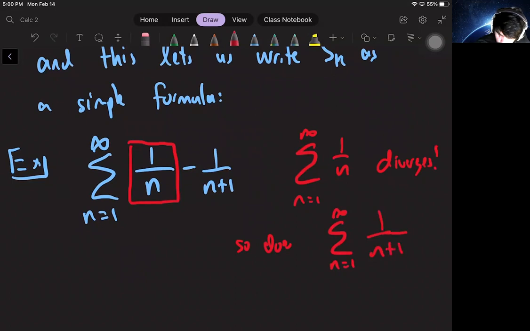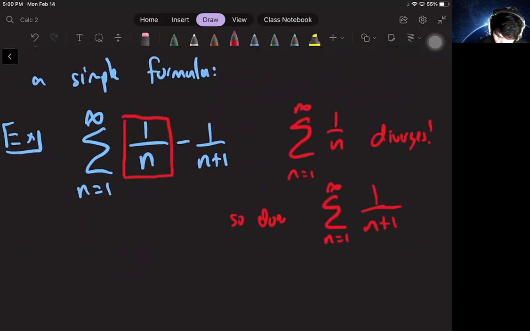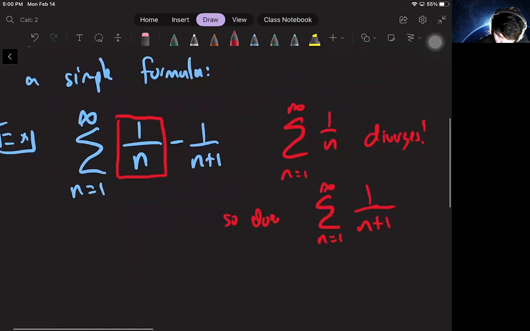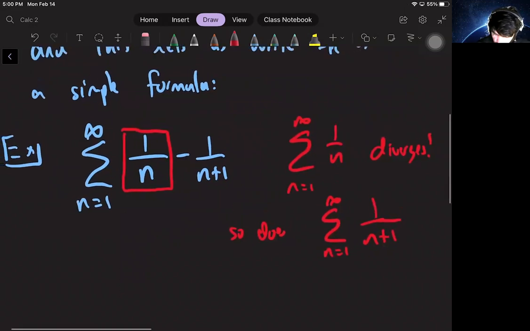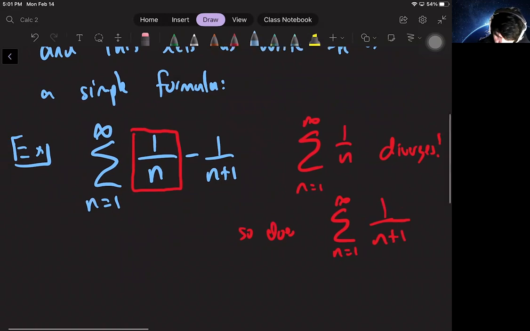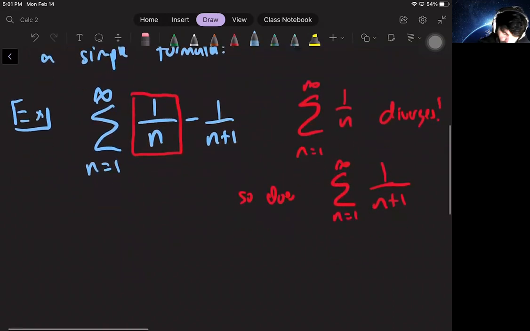But just because they both diverge doesn't mean I can say anything about this from that information. It's not like when they both converge, then you can distribute the summation and do them independently. But when they diverge, you can't do that. So we actually just have to deal with it as it is.